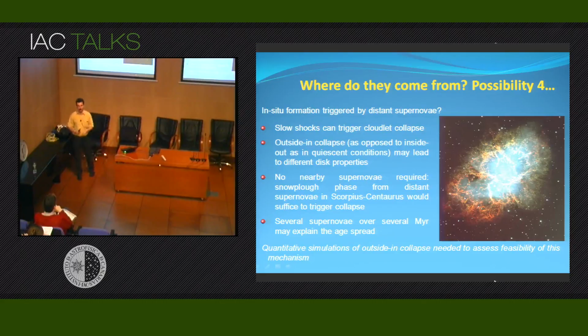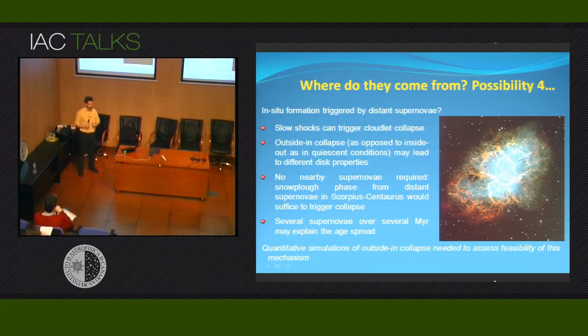Even if this interpretation works for the Lupus clouds, at least in a very qualitative way, because you don't need any more nearby supernova. In fact, a nearby supernova, two nearby supernova would be pernicious for this triggering mechanism. We have plenty of massive star formation that has taken place over the last several millions of years in Scorpius Centaurus.